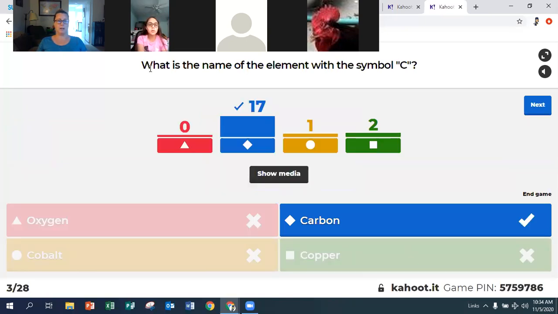All right, so oxygen is O, carbon is C, cobalt is Co, and copper is Cu.